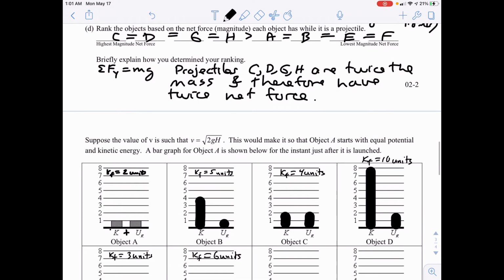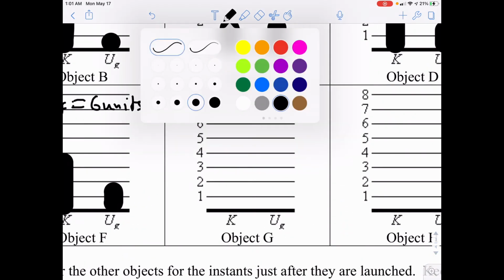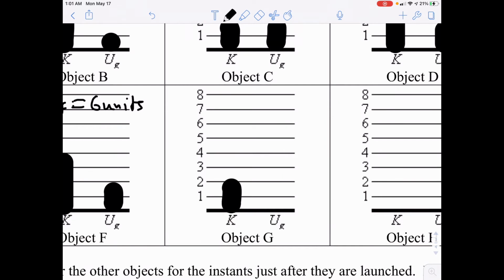So we have 2 and 4. And the final kinetic energy would be 6 units, right? The sum of those two.